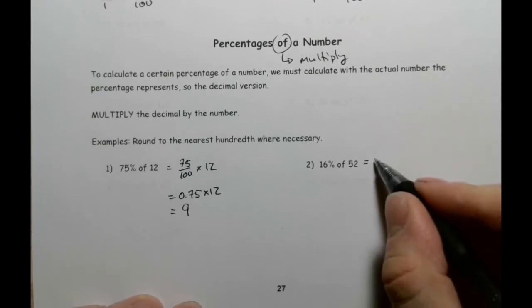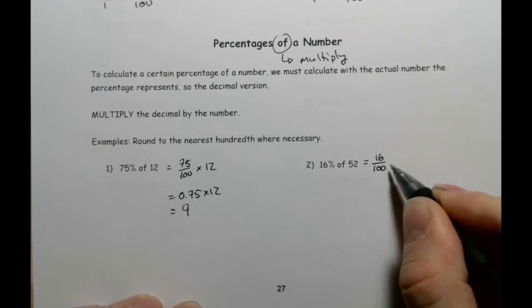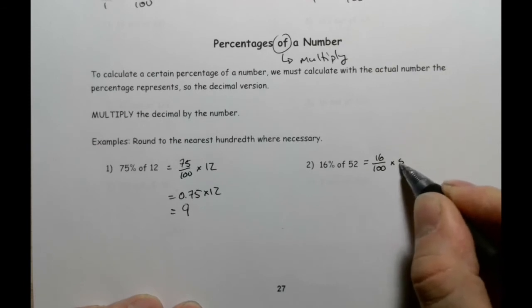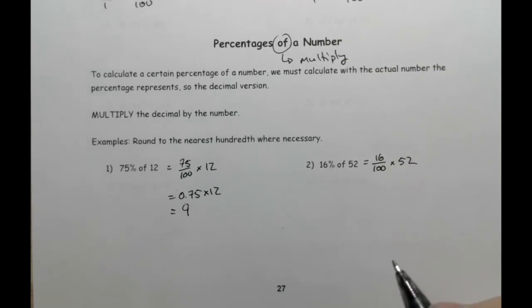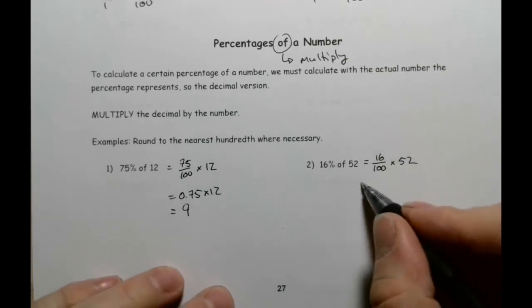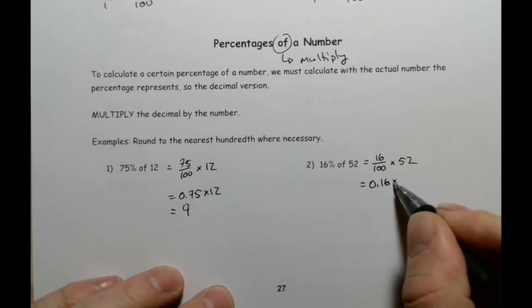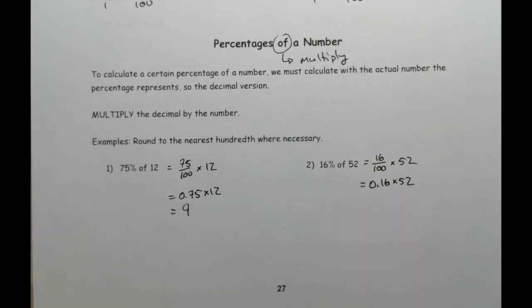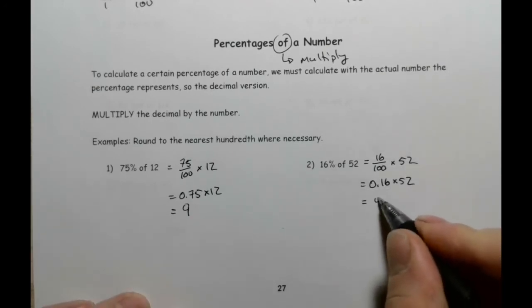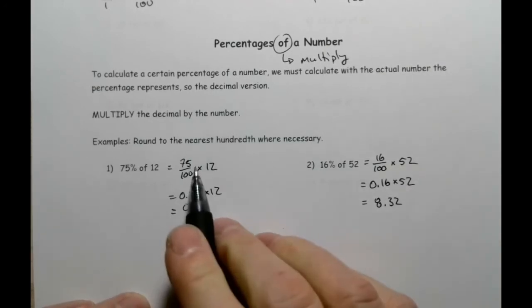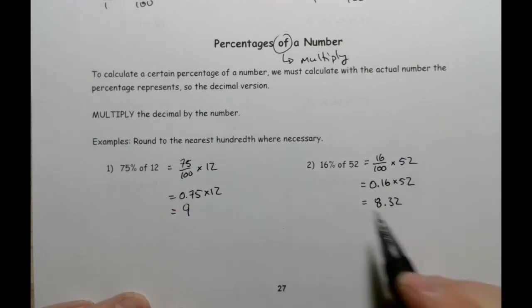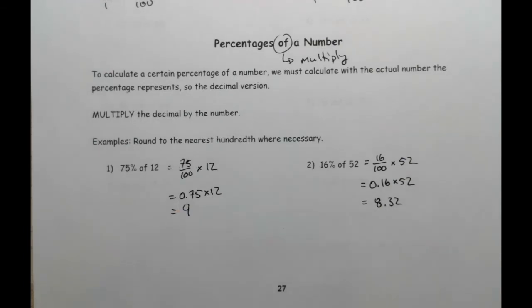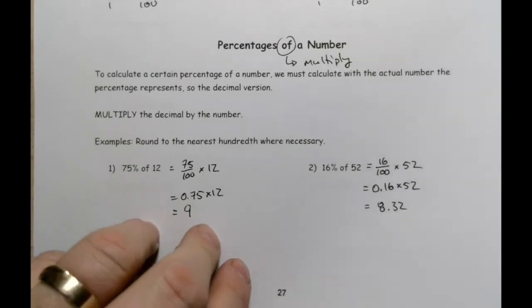Here, this is going to be 16 over 100 multiplied by 52. That's what we mean by 16% of 52. So 0.16 multiplied by 52, and I get 8.32. And the question said round to the nearest hundredth. And there we go. To the nearest hundredth. That's what I needed. 8.32.